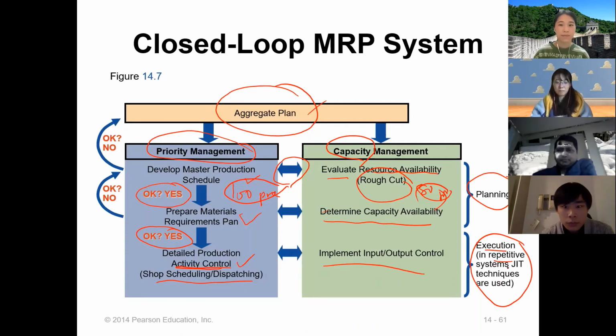So for execution, in the repetitive system, JIT techniques are used. Even for JIT, we need to have certain lead time. There is no such thing as an order that just arrives. There is always lead time. So that's why it is called closed loop.